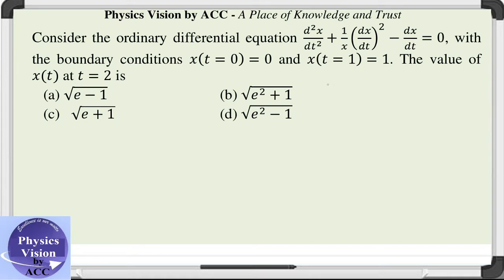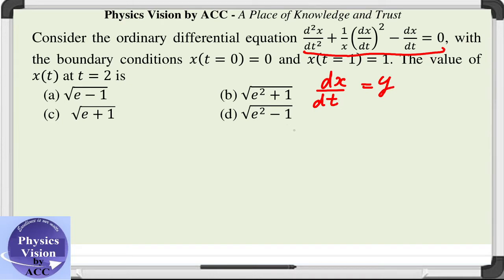Firstly, let us write down the equation, which is this one. In order to solve this equation, notice this step. Let us put dx by dt is equal to y, a new variable y.